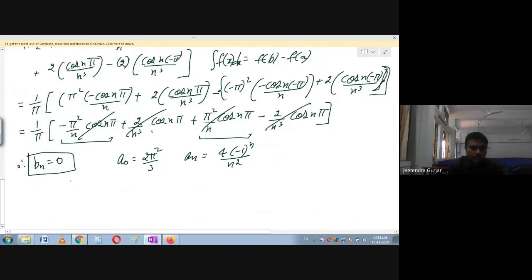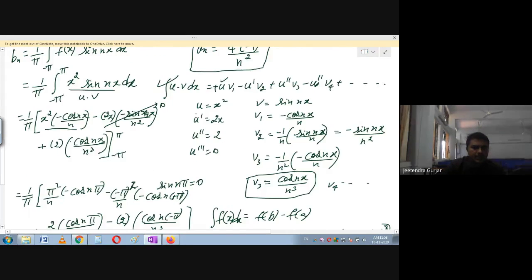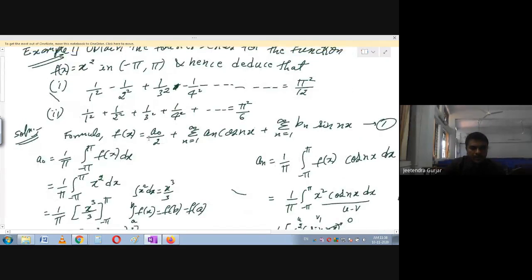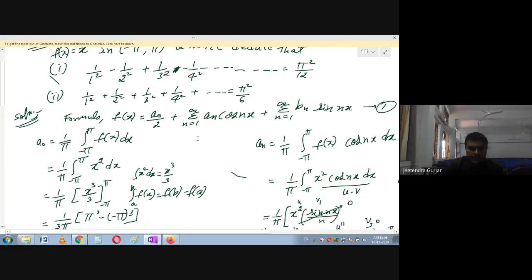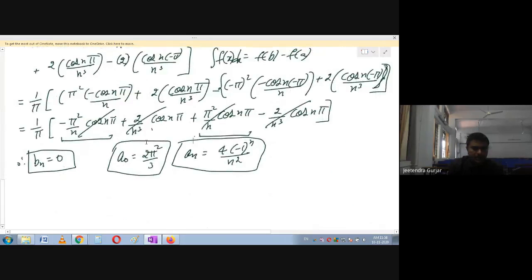So like this you have to calculate a naught, an and bn, and then substitute in the Fourier series formula, that is f of x is equal to a naught upon 2 plus summation n 1 to infinity an cos nx. So substitute here, students.